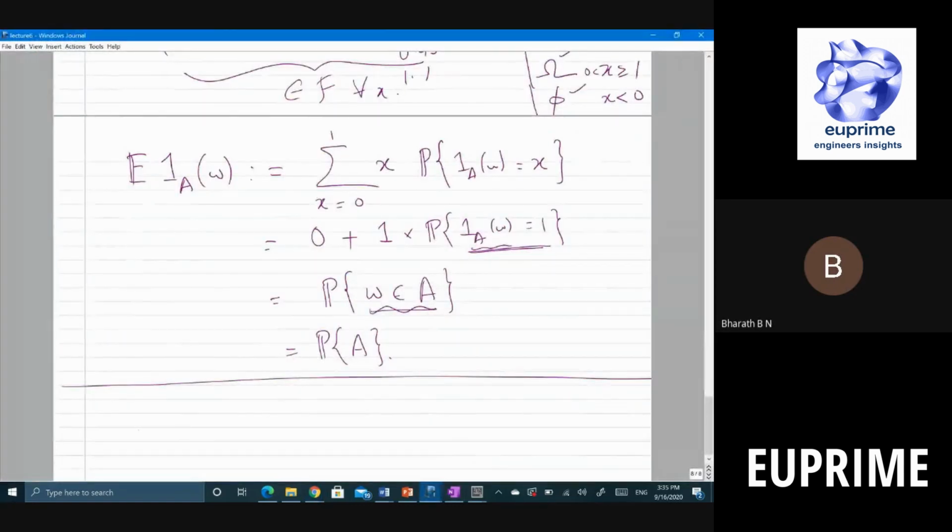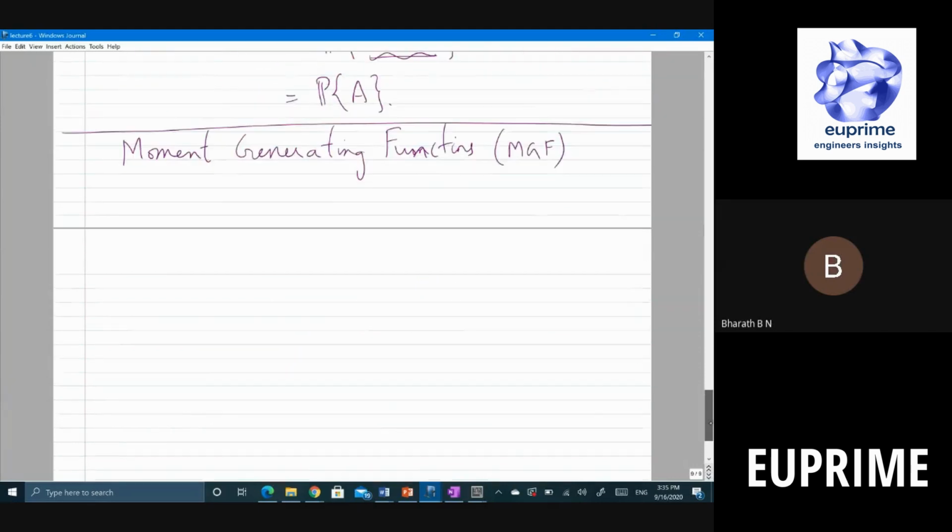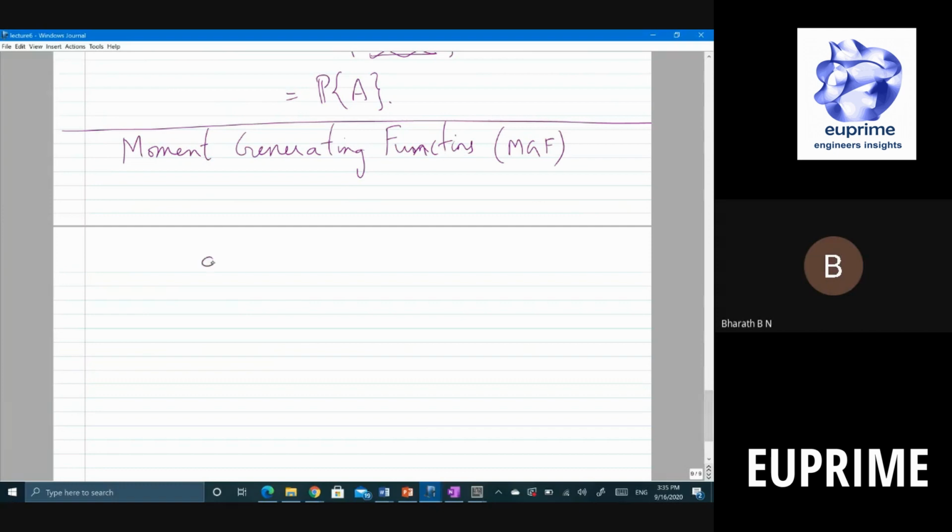Okay, so now let's get into what is known as the moment generating function, MGF. Can somebody tell me what is the moment generating function? I'll use the notation that this book uses.